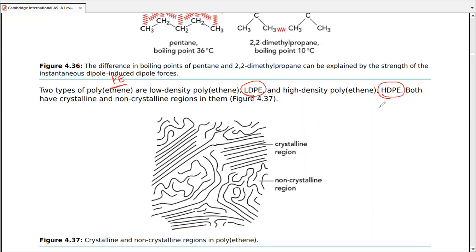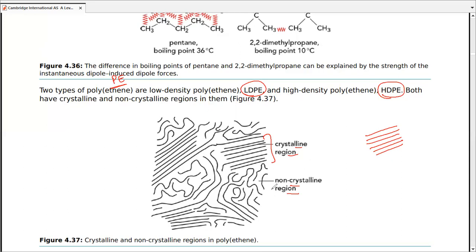Actually, when we talk about low density polythene, they have more non-crystalline regions than crystalline regions. Crystalline regions are regions which are pretty close to one another in terms of their contact points. There are a lot of contact points in those regions, and hence high attractive forces among them.